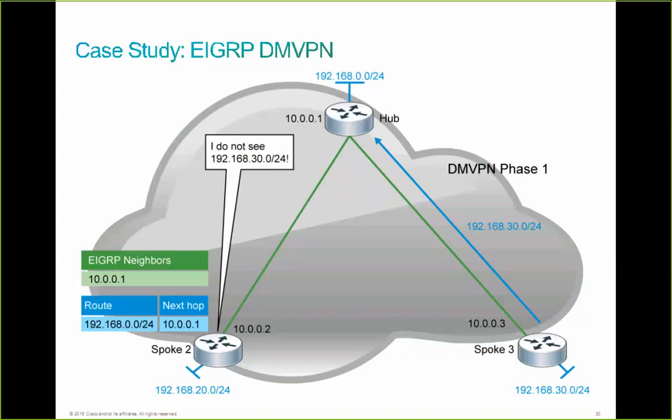But there is a particular problem in that the 30 subnet that's learned from the spoke 3 router is not advertised to the spoke 2 router, and the 20 subnet that's learned from the spoke 2 router is not advertised to the spoke 3 router. Why is that? What is it about EIGRP that causes that to occur?